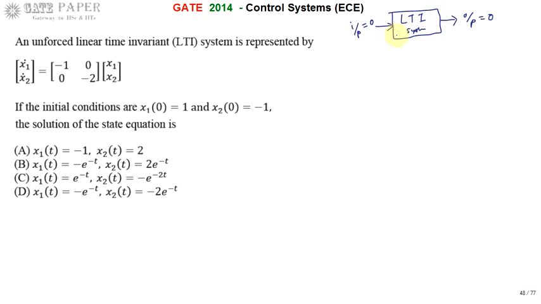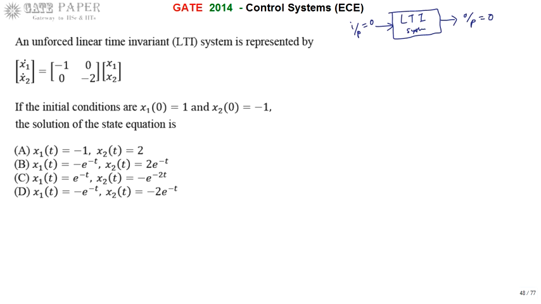The transfer function of this system is given with the help of this equation. Now you are going to calculate the value of x of t, that is, find the state equations in the time domain.